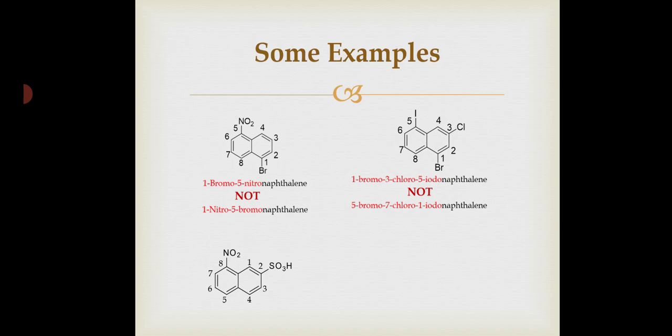So this is the best possible way of numbering, and so you can see that sulfonic acid group is at 2 position, nitro is at 8 position. Now nitro group comes as a prefix. The name 8-nitro will come as a prefix name, and 2-sulfonic acid will come as a suffix name.